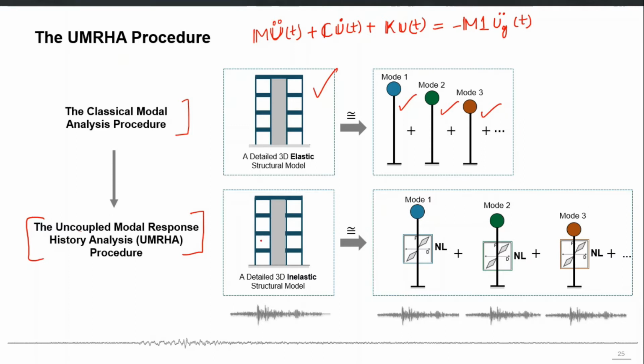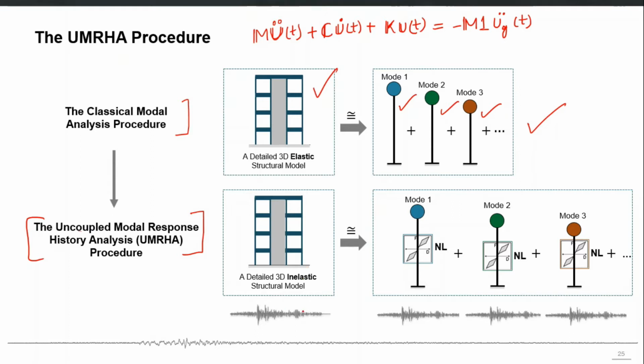So with these two assumptions, we can mathematically formulate this procedure called the uncoupled modal response history analysis. Just like the classical modal analysis, the idea is explained at the bottom here: you now have an inelastic structural model which is subjected to an earthquake.